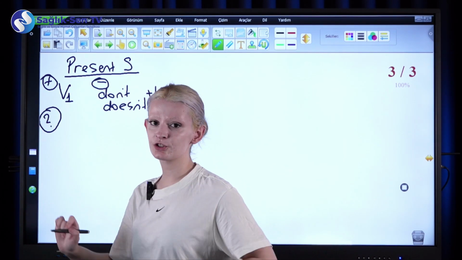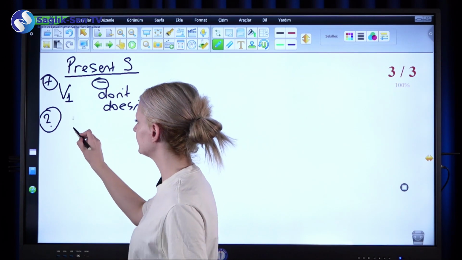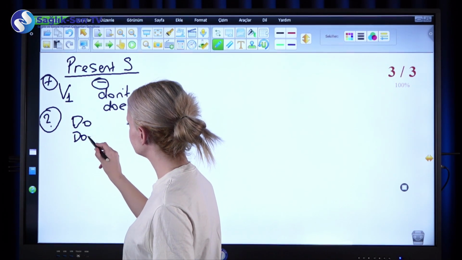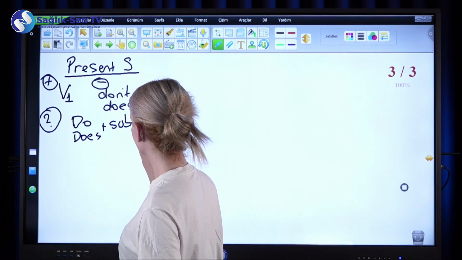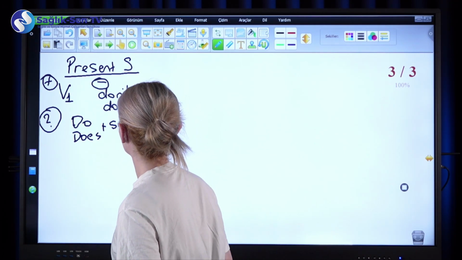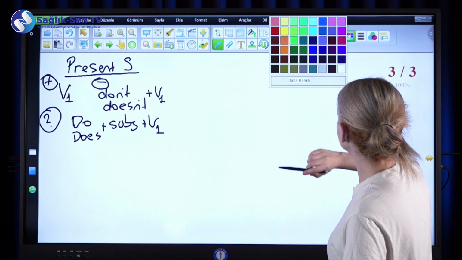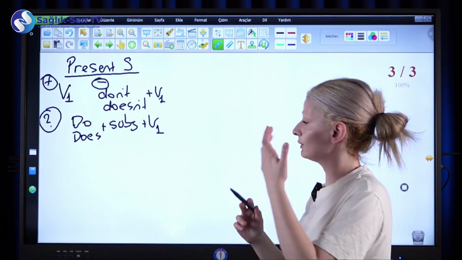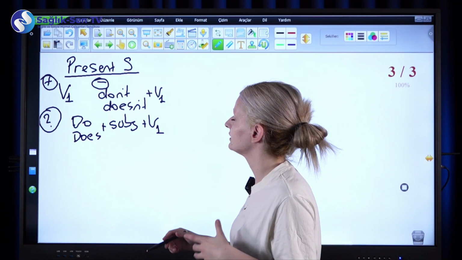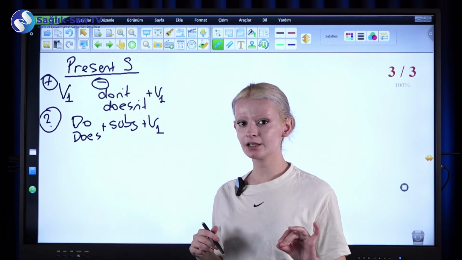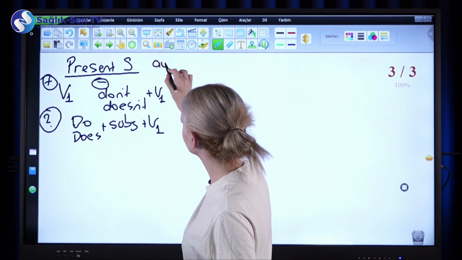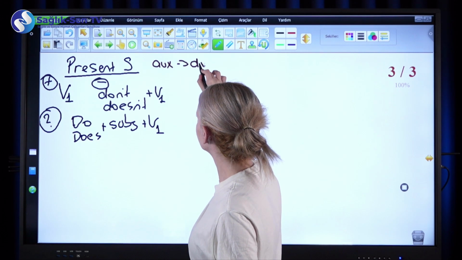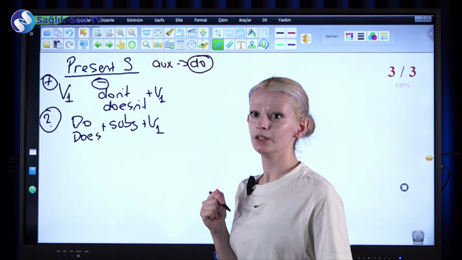And in our question sentence, we start the sentence with do, does, and then subject, and then verb 1. So what we can understand from this is that our auxiliary verb in present simple tense is do.